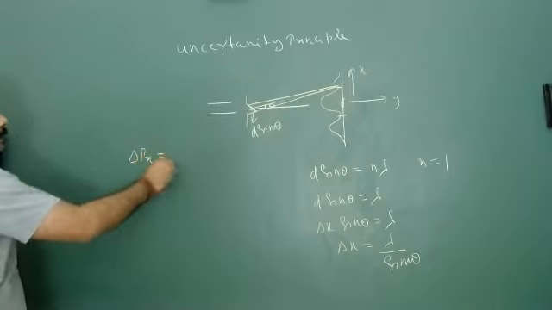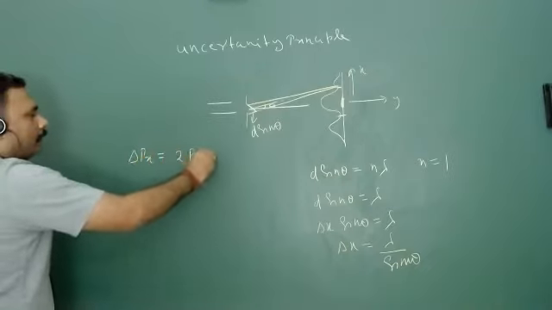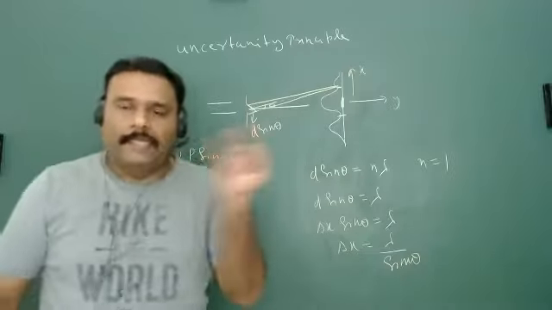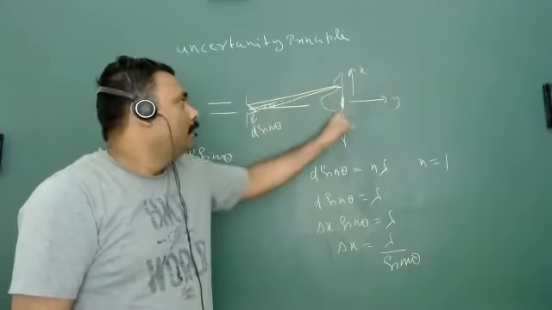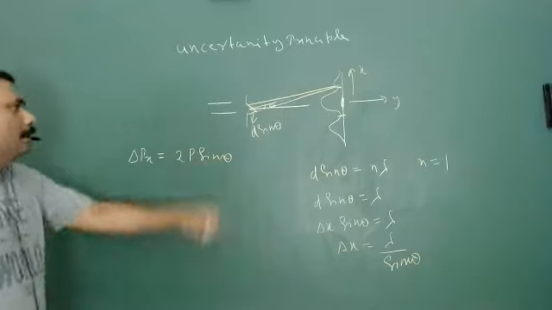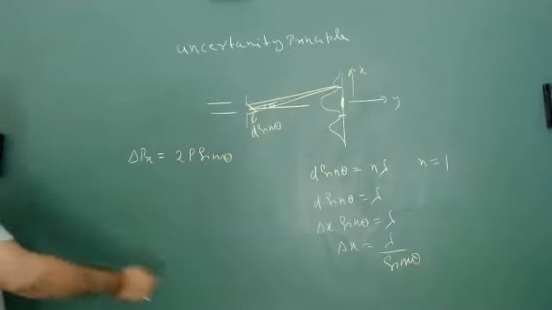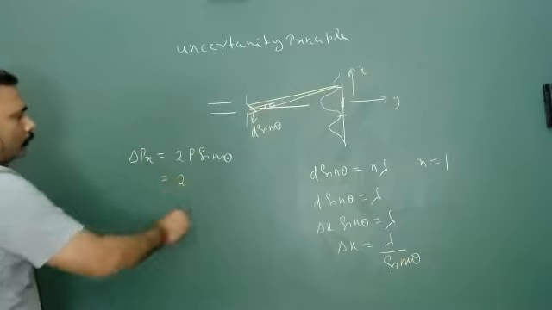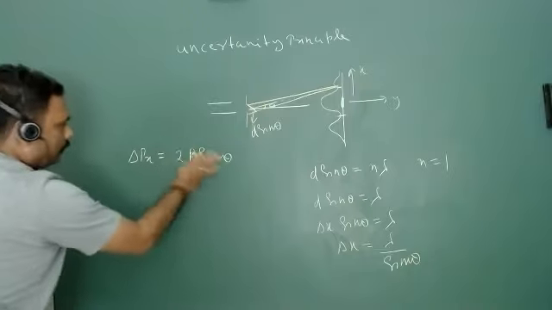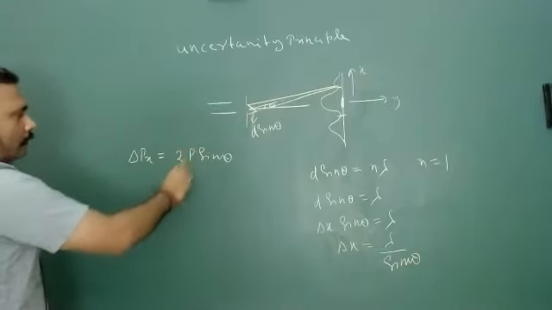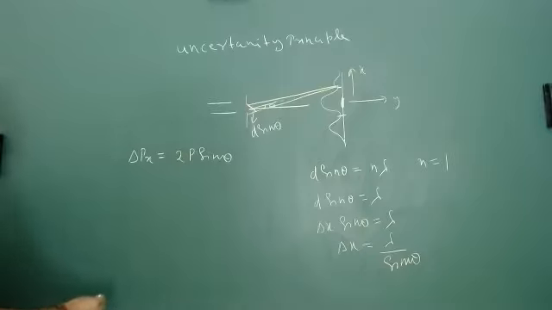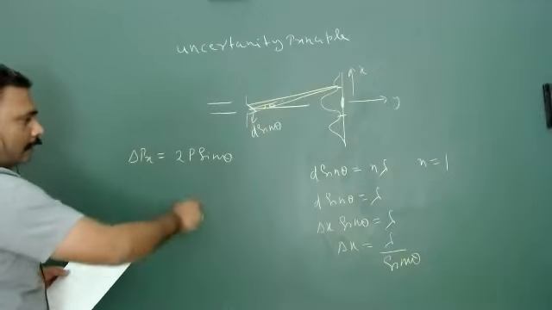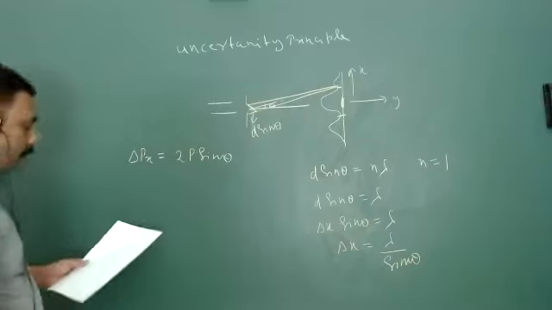Delta px is equal to 2p sine theta, if p is the momentum. The spread of the momentum in this direction and this direction in the x direction is 2p sine theta. And we can write p as h upon lambda.